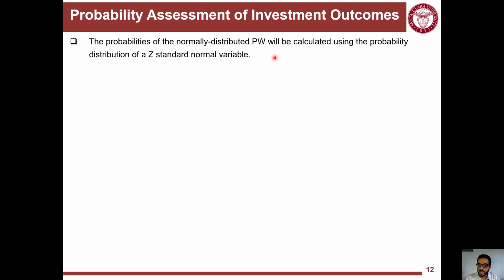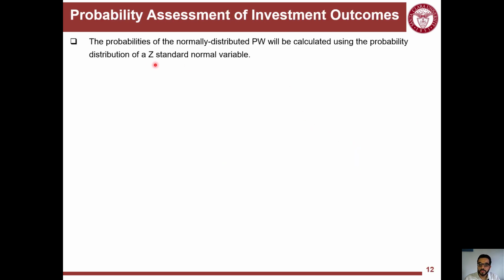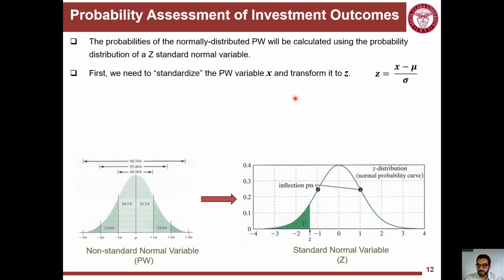So now that we have built that probability distribution of the present worth, we can assess the different possibilities or outcomes of that project. We will do that by using a distribution called the Z standard normal variable. We are following here a non-standard normal variable because our mean is not equal to 0, it's equal to that mu we calculated.